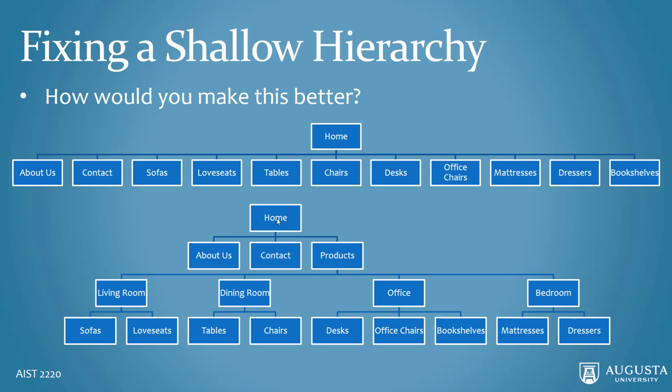This design improves the user experience in two important ways. First, it reduces cognitive overload. Users are not bombarded with options at once. They can navigate step by step. Second, it improves readability and navigation flow.